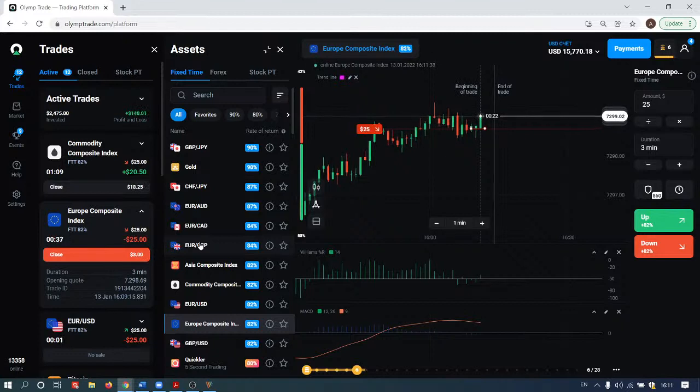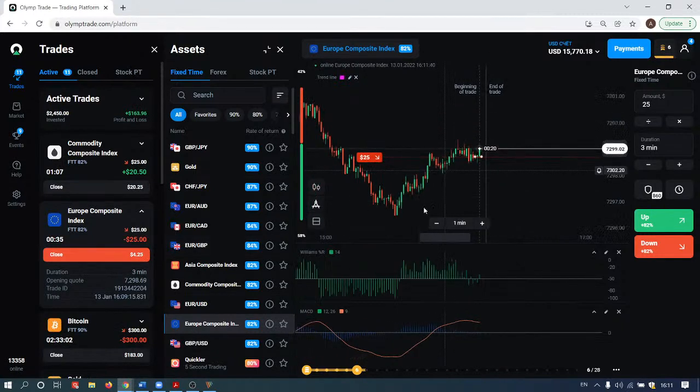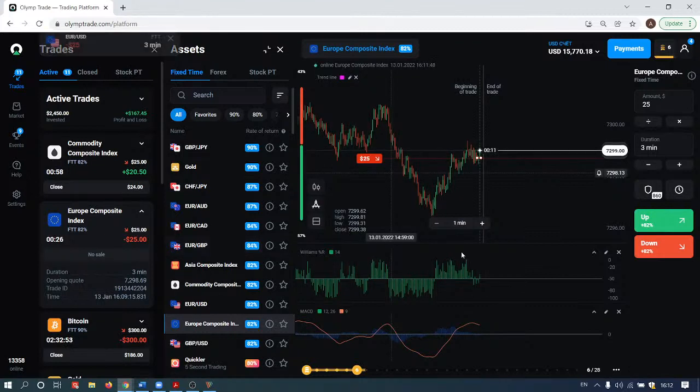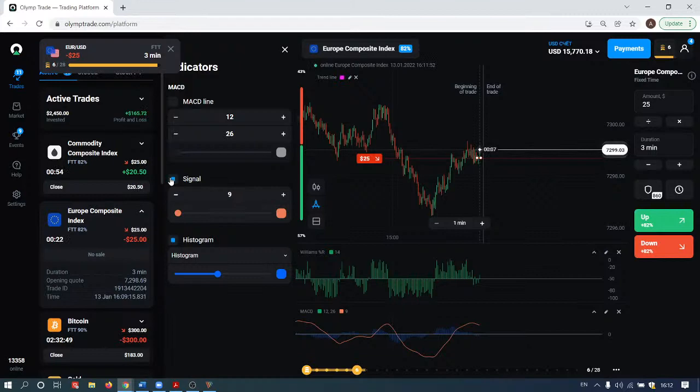So what does the red line mean? That's the simple moving average, but it's going to take me a lot of time to explain, so you can turn it off. The signal line, we can turn it off.